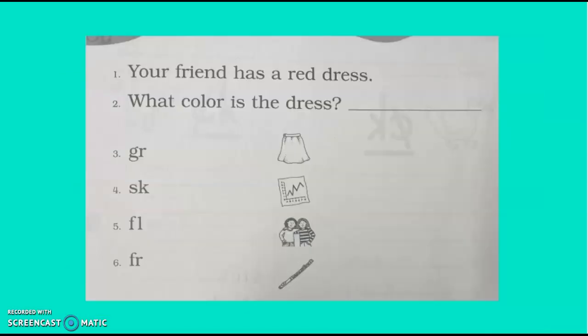On the back of your paper, you have this statement. Your friend has a red dress. Repeat that after me. Your friend has a red dress. The question is, what color is the dress?